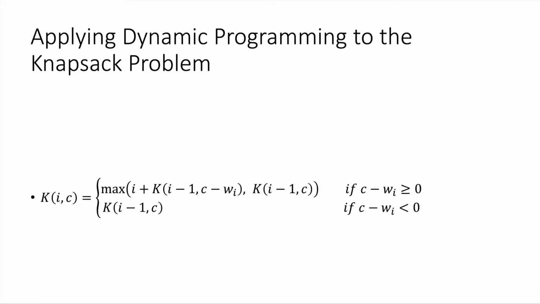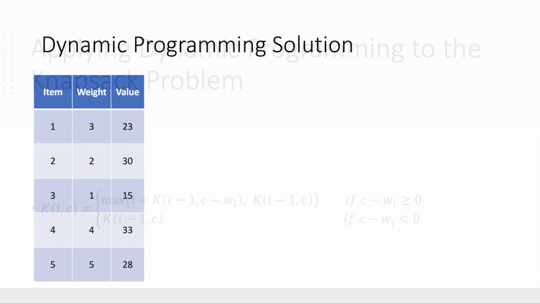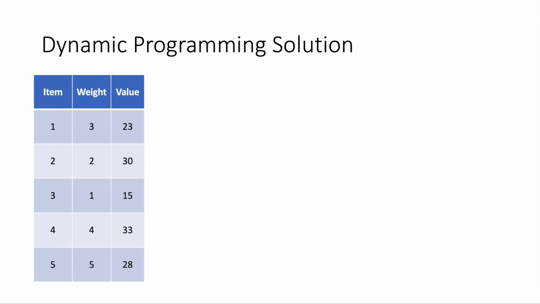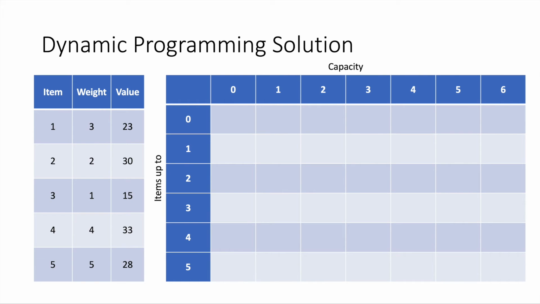Let's do just that and look at an example of how to apply the dynamic programming algorithm to the knapsack problem. We'll start with a table of our items. We have 5 items this time, and each item has a weight and a value. Next, we'll initialize our table for storing values of k. The column will be used to represent the capacity of the knapsack, and the row will represent the maximum amount of items that will be considered for that iteration of the solution.